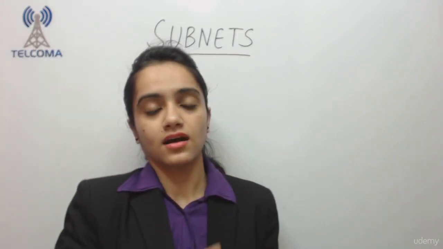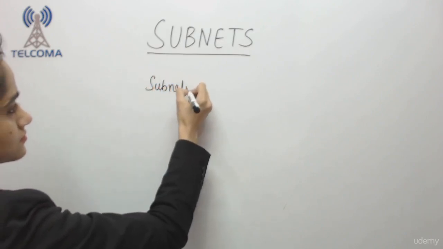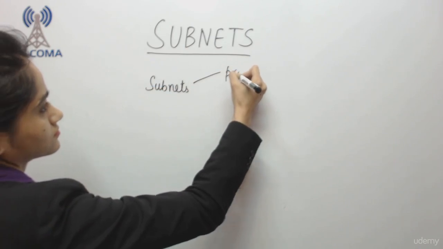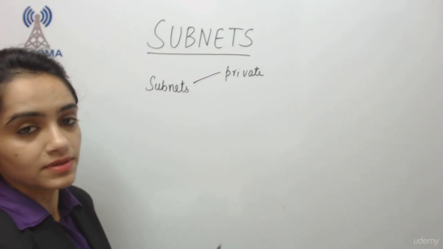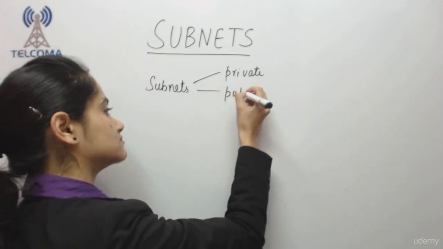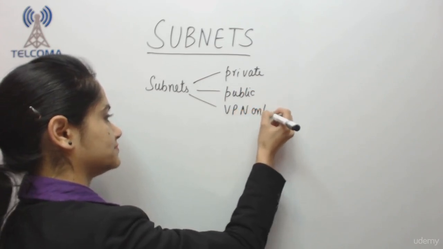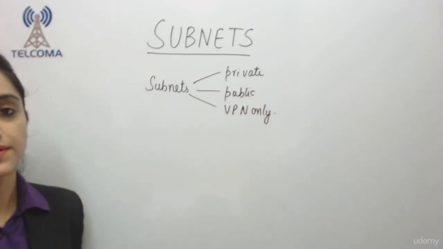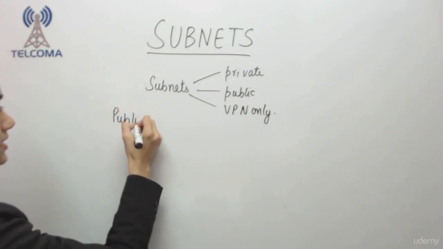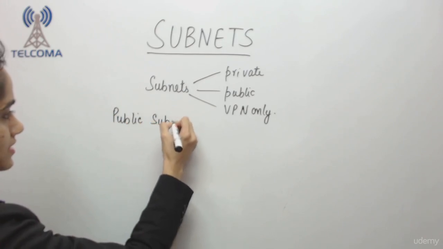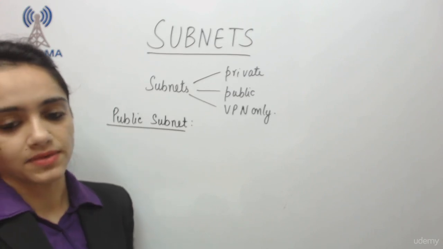Now subnets are of different categories. They could be private, public, or VPN only. Let's suppose we have a public subnet.